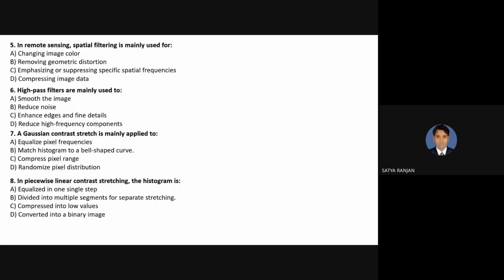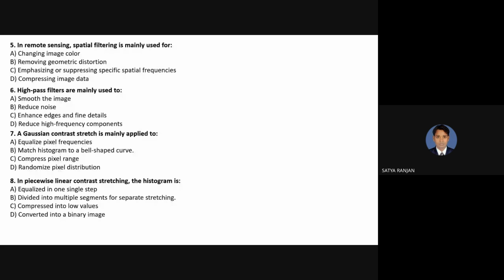Emphasizing or suppressing spatial frequencies. So generally filtering is related to frequencies. So if any question is frequency related, this is the filtering. Then, high pass filters are mainly used to smooth the image, reduce the noise, enhance edges and fine details, or reduce high frequency components.